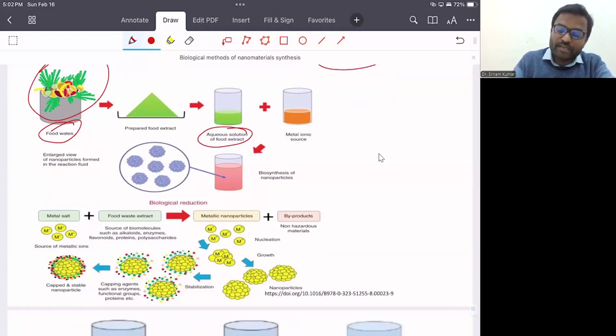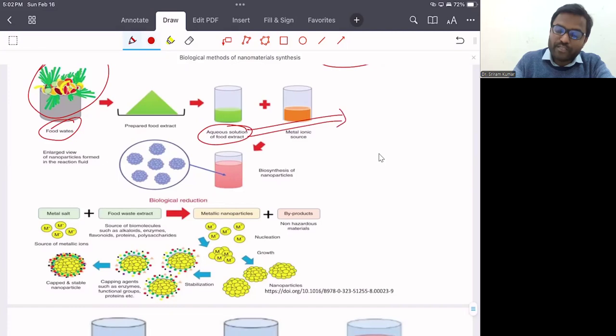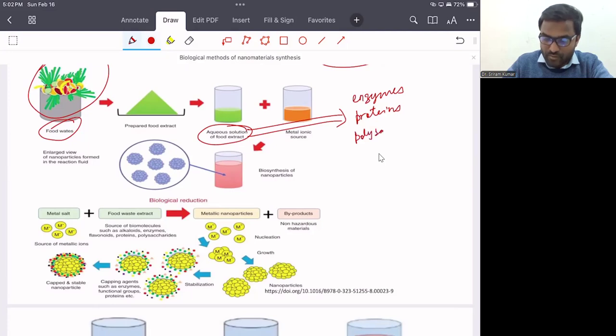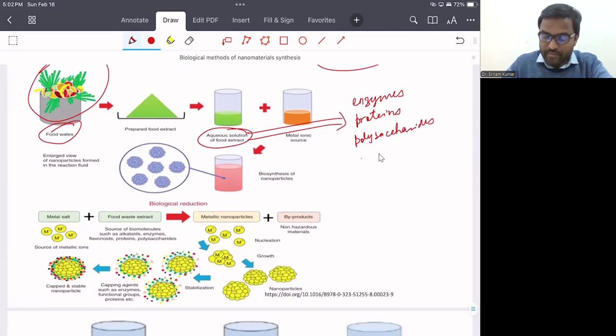Maybe we have important enzymes, maybe some proteins, maybe polysaccharides, maybe alkaloids, kinds of chemicals. So we can extract these important chemicals from food waste.